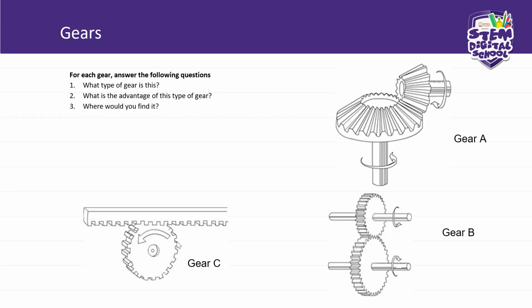Now, this one, we have already said we can find this on clocks. What is the name of this gear? Yes, Musa, we can find it on the gate motor. What is the name of the gear?